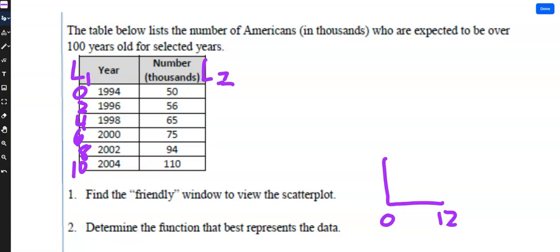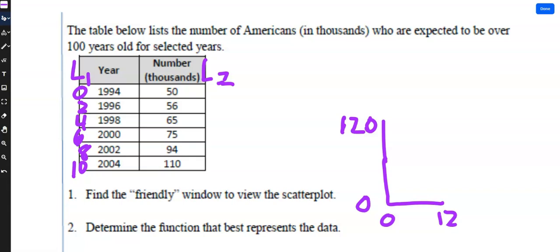You might have to change that because they might ask me other questions that go past that. That's one of the drawbacks of the graphing calculator. Now, you can make your own selection on what you want. You can start at 0. You would need to go up to, at least like 120, so that you go past 110.